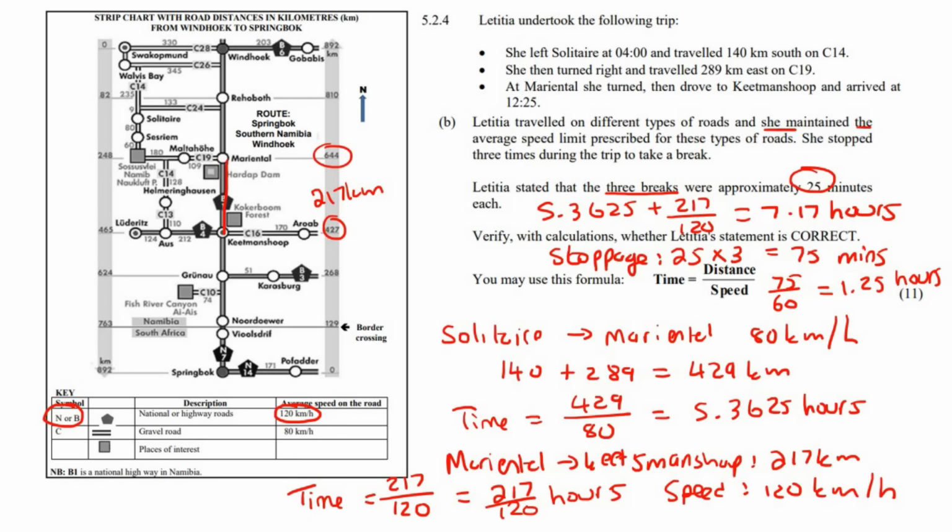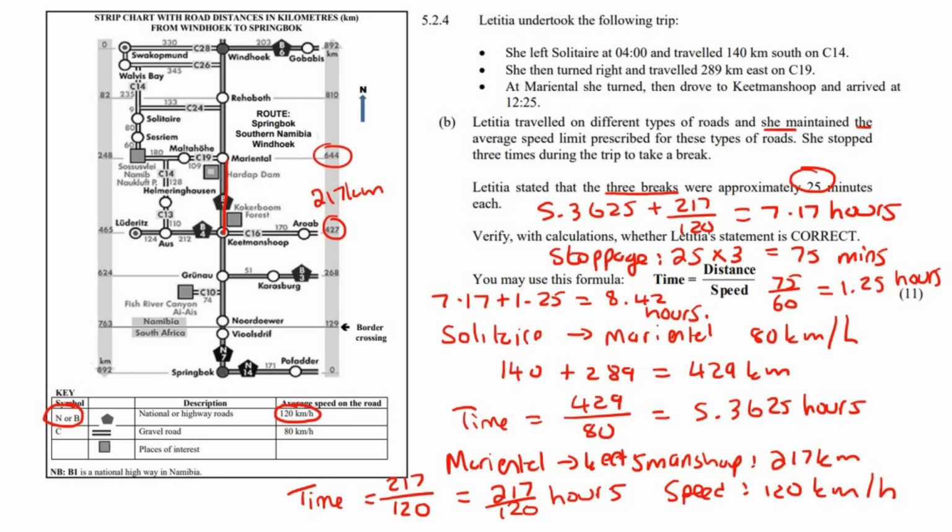So now what we can do is we can work out her total time. She traveled for 7.17 and then she stopped a total of 1.25. So we can say 7.17 plus 1.25. And so she drove for a total of 8.42 hours. That does not mean 8 hours and 42 minutes. You got to be careful with these, okay?